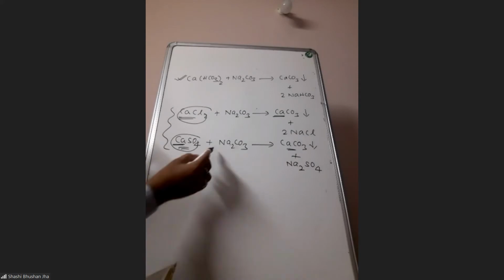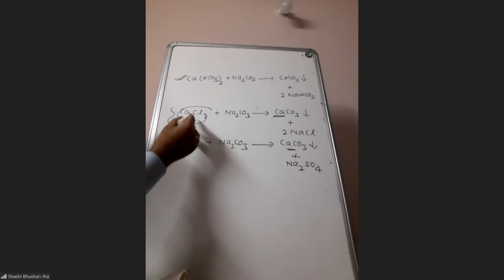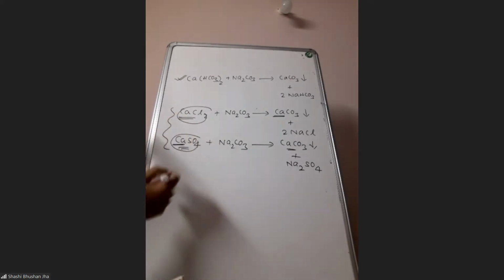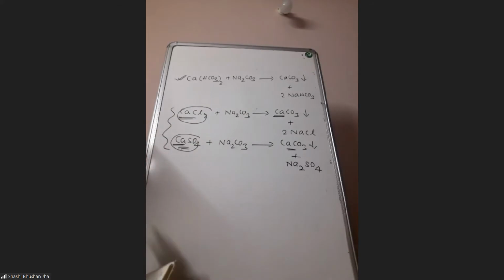So when you add sodium carbonate, some amount will be utilized in removing all this hardness, and some amount is left unreacted, and that has been neutralized by adding HCl. In other words, we have added sodium carbonate in excess in the beginning.